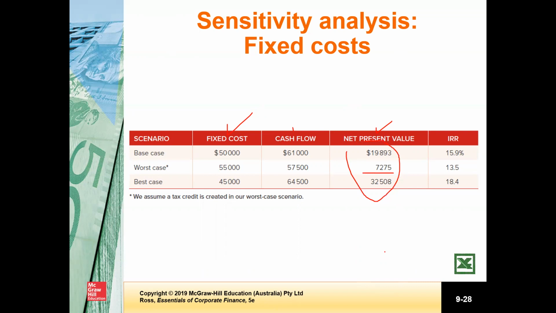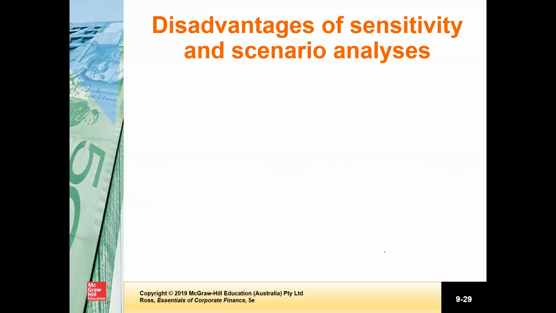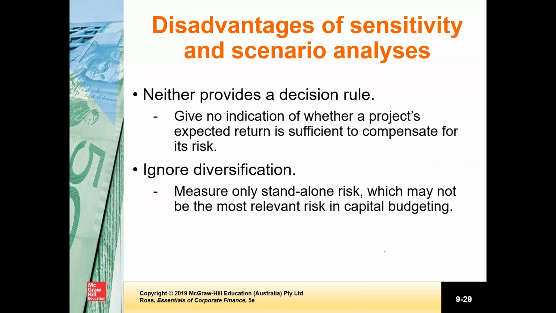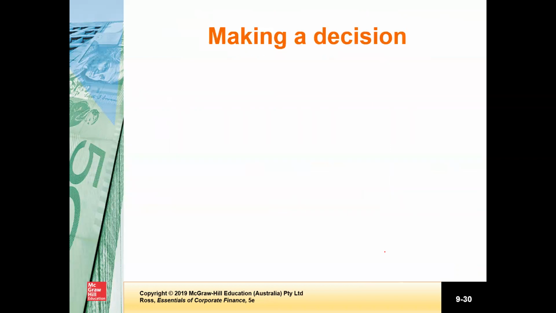Because sensitivity analysis is a form of scenario analysis, it suffers from some drawbacks. Sensitivity analysis is useful for pointing out where the forecasting error will do the most damage, but once again, it doesn't tell us what to do about possible errors. So these are the points that I just discussed.